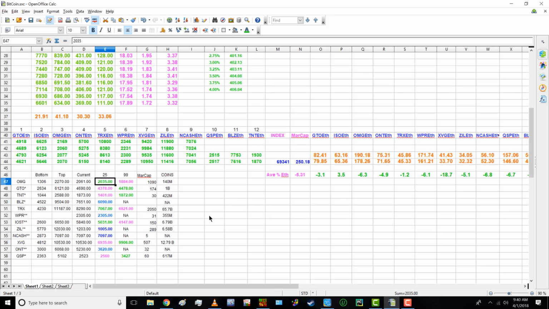I put in the 95 day moving average. I put the market cap in, I put the coins in, and I put a designation as to the nature of the coin. A star means relatively new. A double star means very new, in as much that they don't really have a 99-day moving average. So there's a mix here.